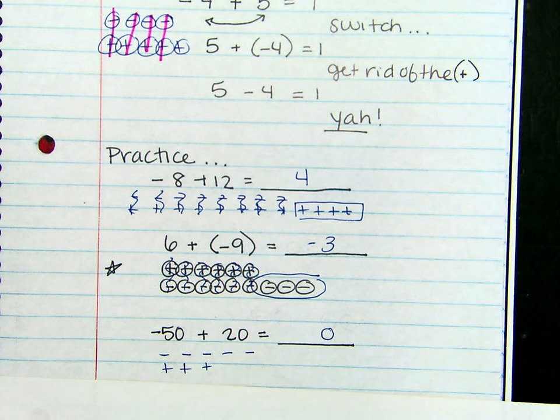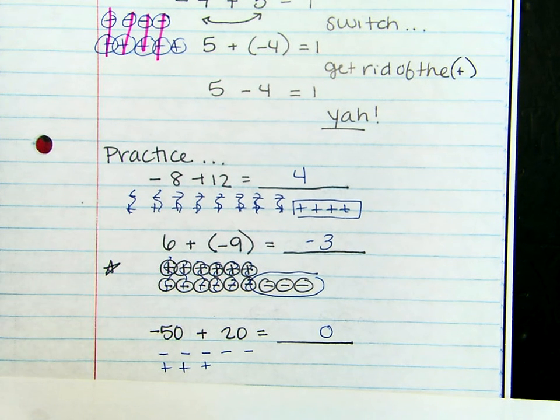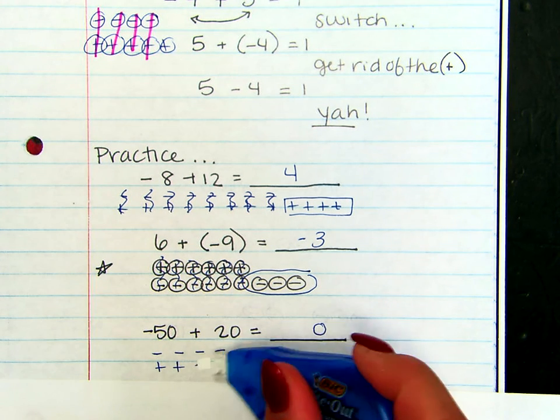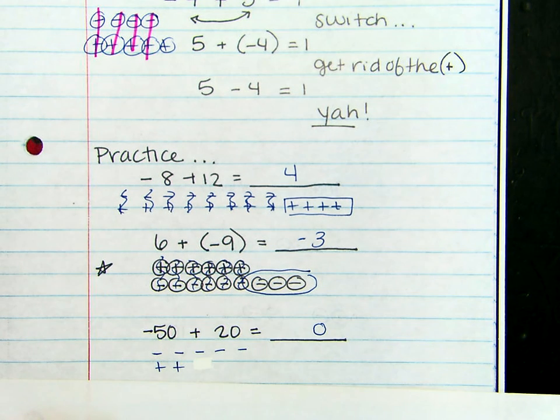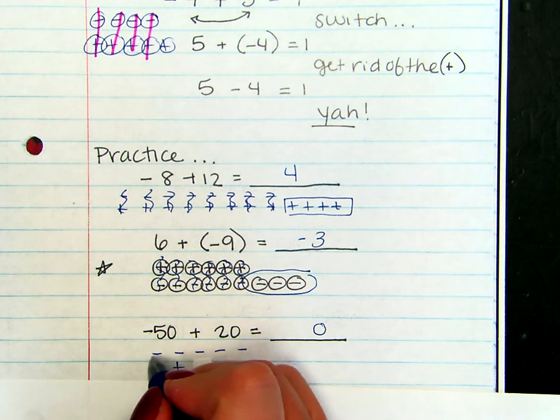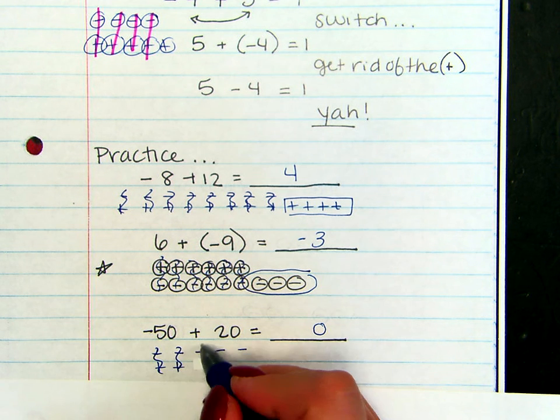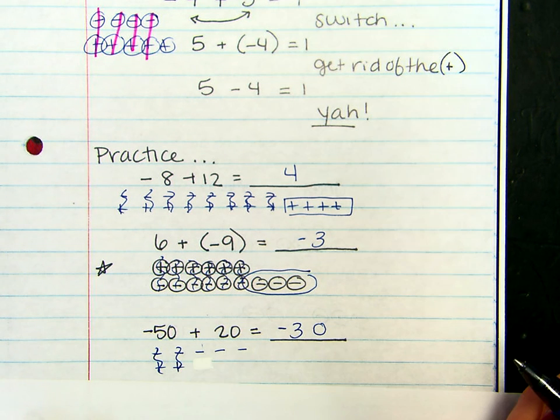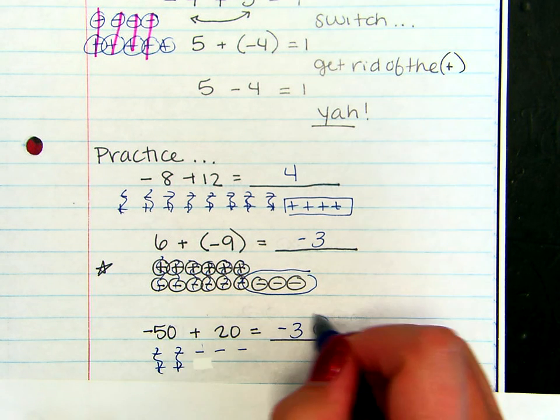Oops, sorry about that. Wrong amount of positives. It's the amazing thing about whiteout tape. It's always available. All right, and once again, when I cross out my pairs, I've got 3 negatives remaining, so I'm going to put that -3 in front. So my answer is -30.